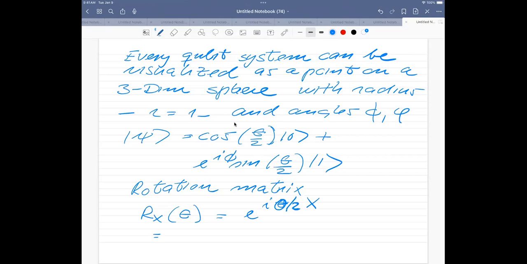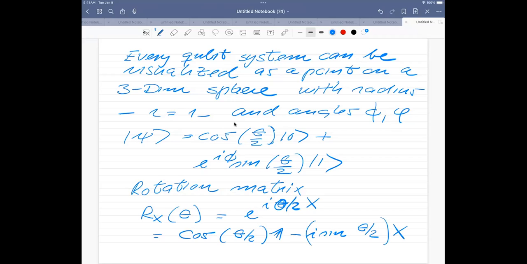So when you now perform a Taylor expansion of the exponential, you can rewrite that as cosines and sines, as you probably have seen before. That means this can be rewritten as a cosine of theta half multiplied with the identity matrix minus an i times sine of theta half, multiplied with the X matrix.